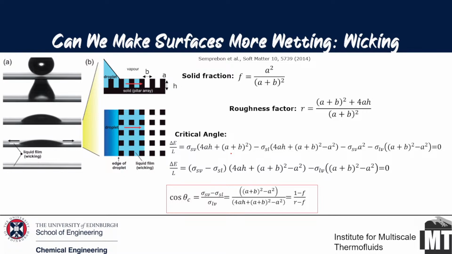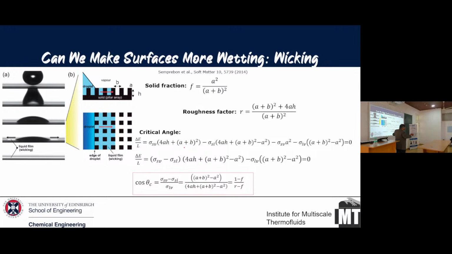It's totally based on the geometry parameters, nothing else. Basically it's energy minimization, looking at the energy of the substrate based on the surface geometry. I define a certain fraction and a certain roughness, and based on that, I calculate the expected contact angle.